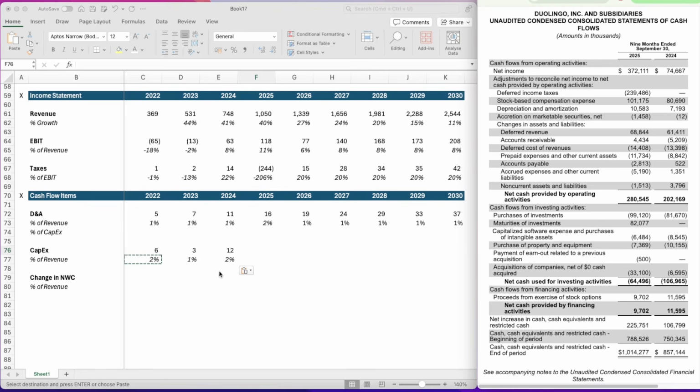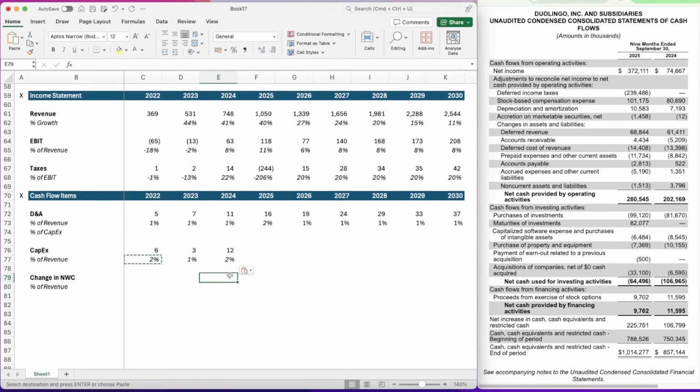We take this 12 and we divide it by 7.369 multiplied by 1.1931068.